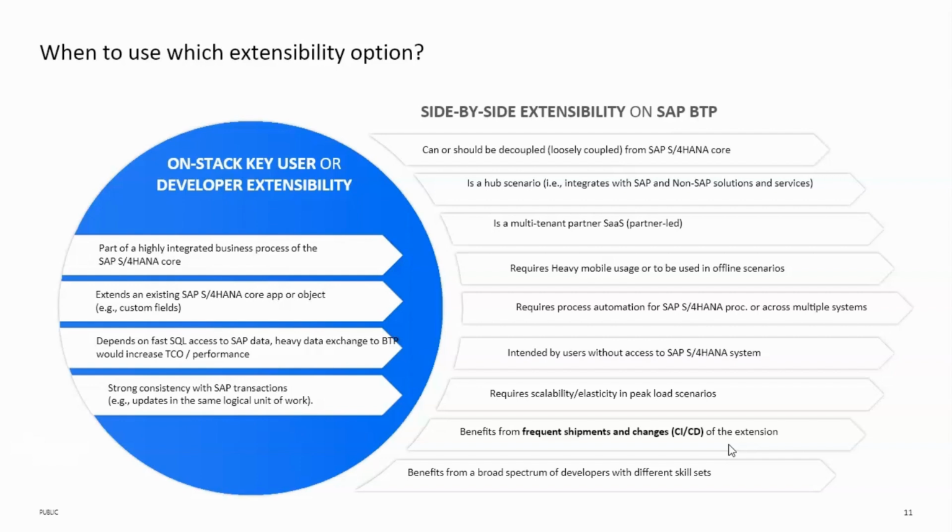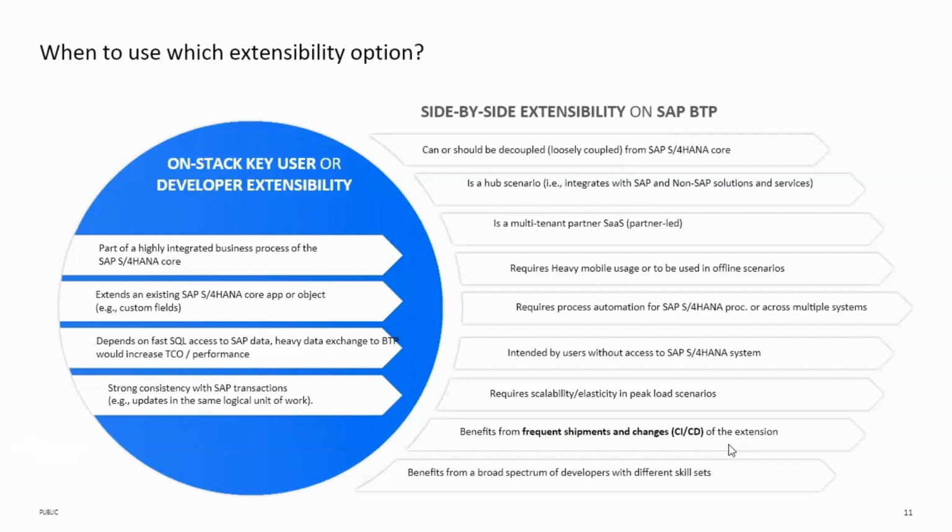If we think the final extension would be used from mobile, then it can probably be on the BTP. It also suits cases requiring process automation for an SAP S/4HANA process or across multiple systems, intended for users without access to the SAP S/4HANA system as well.